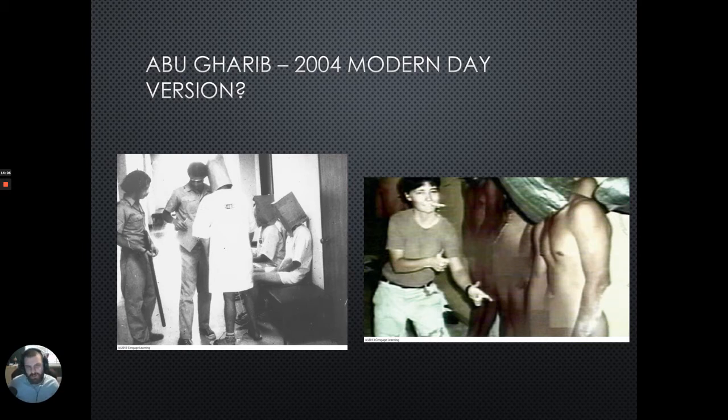For example, in the early 2000s, the American prison that was set up in the Middle East, Abu Ghraib prison, which often involved guards being very sadistic and cruel towards prisoners who were believed to have information about terrorists or connection to terrorists, so they were to be interrogated.